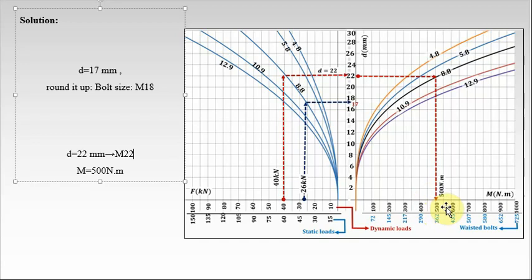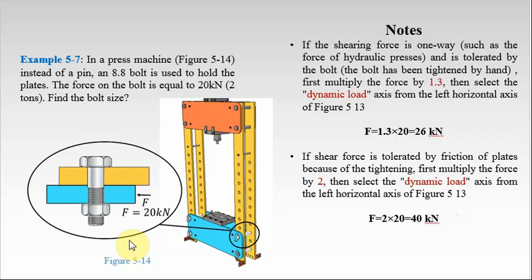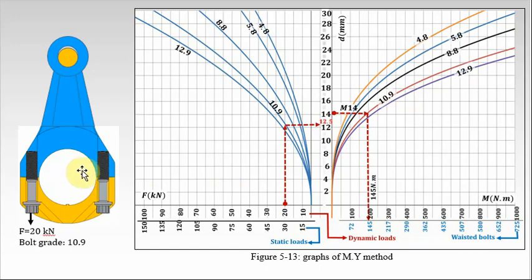Because our bolt is a shank bolt, we should use the upper axis. Therefore, we could easily design both the bolts of a press machine and a connecting rod of a heavy-duty diesel engine without any problem.